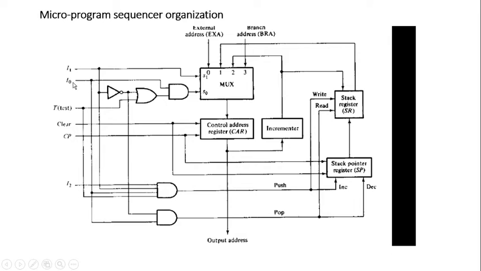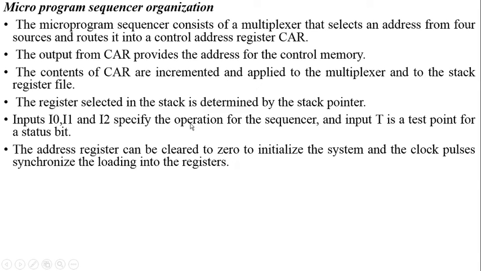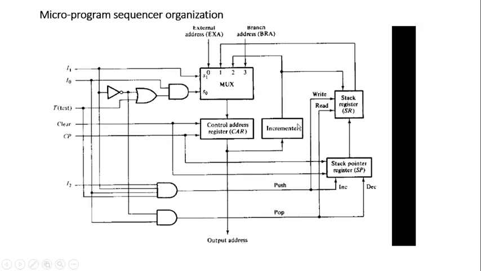Here we have inputs I1, I0, I2 as well as the test input. These inputs specify the operation of the sequencer. Based on the value of these inputs, we can specify which input among these four to choose next.